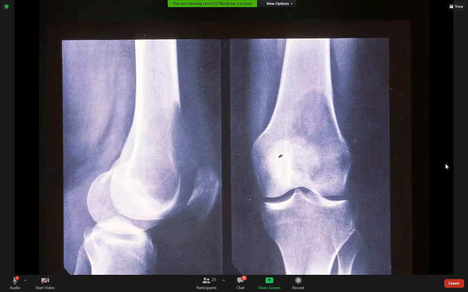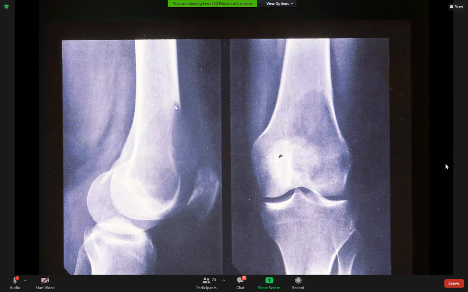Sometimes it presents atypically. That's why it has so many types. But in this condition, what can tell you that this is an aggressive tumor? The amount of bone destruction. You see, part of the bone is lost. This area, part of the bone is lost.